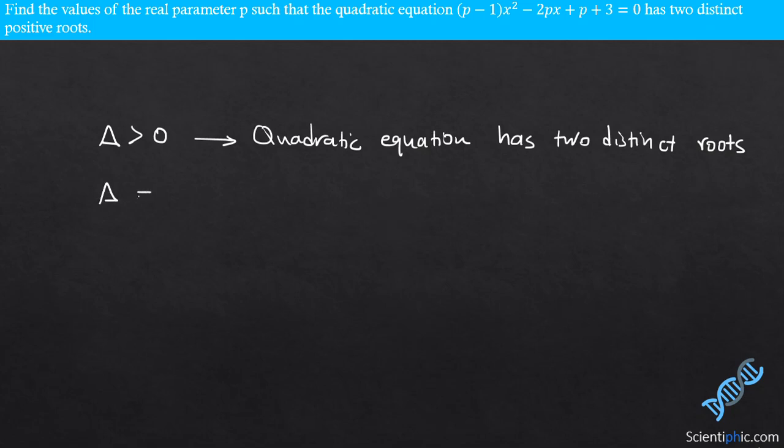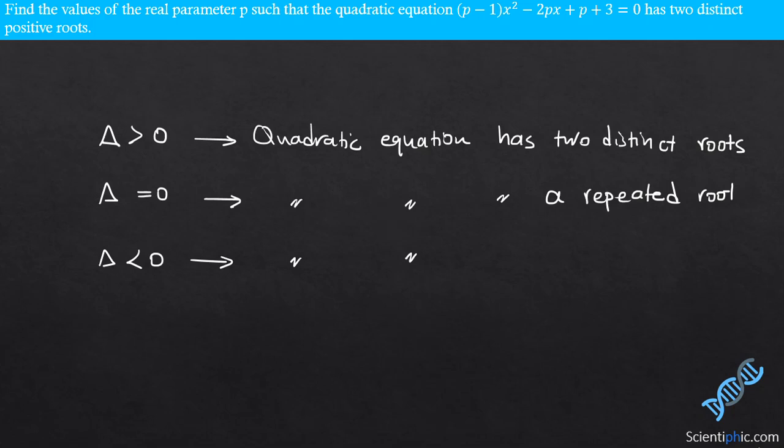If the discriminant is 0, the quadratic equation has a repeated root, and if the discriminant is negative, then the quadratic equation has no real root.